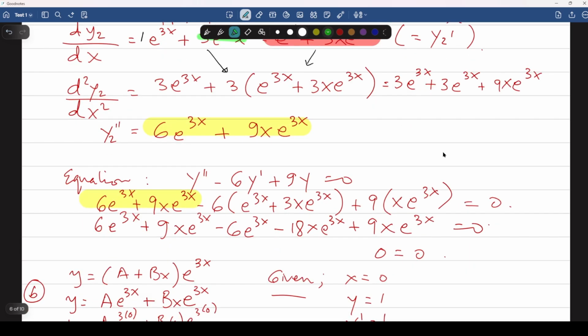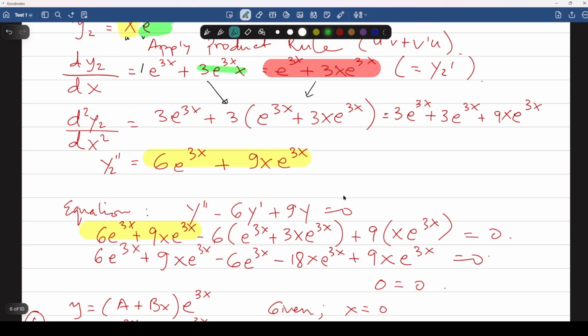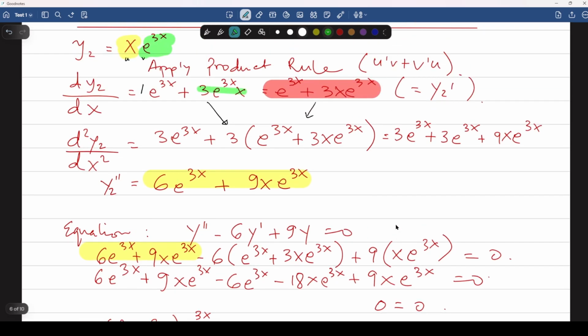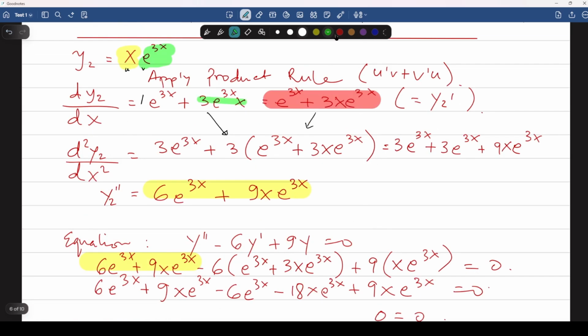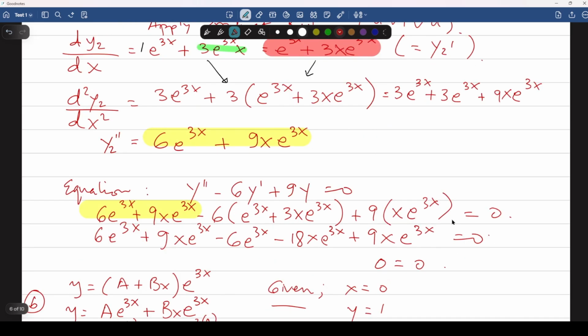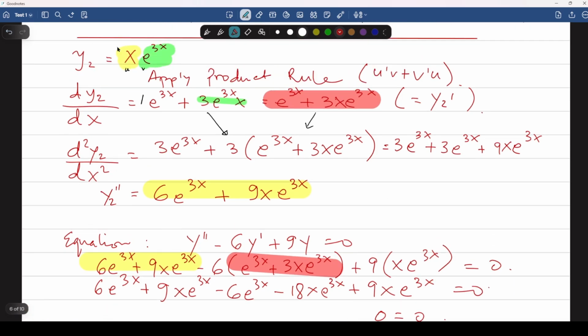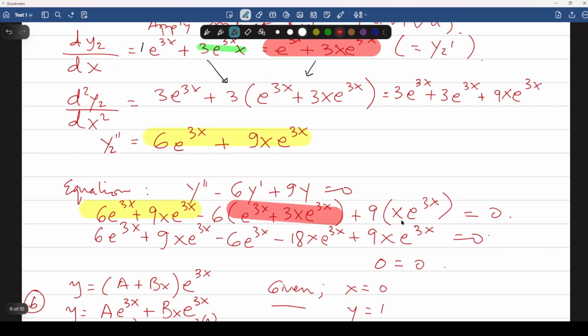So e to the 3x plus 3x e to the 3x, multiplied by 6. You can use the red color. Plus 9x e to the 3x. You can use green color here.